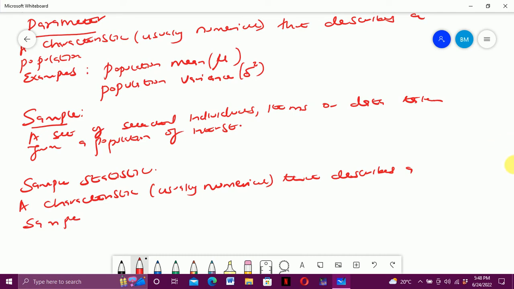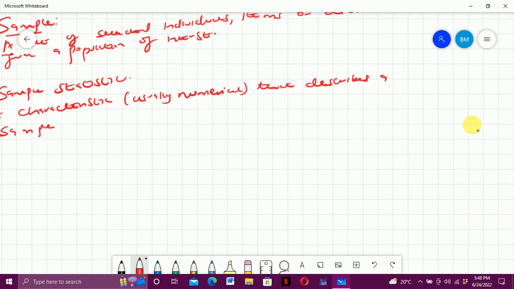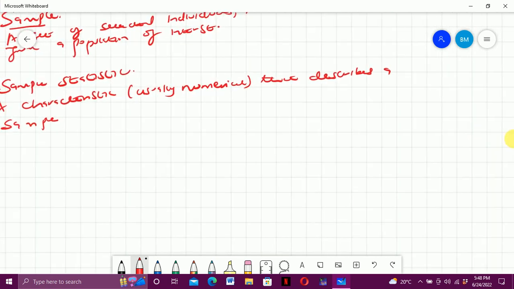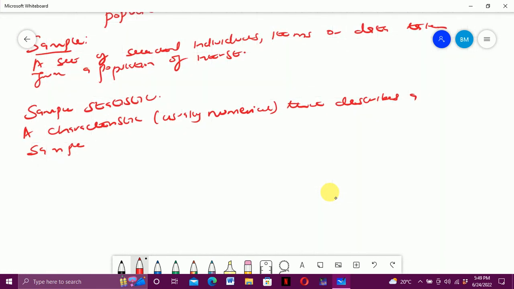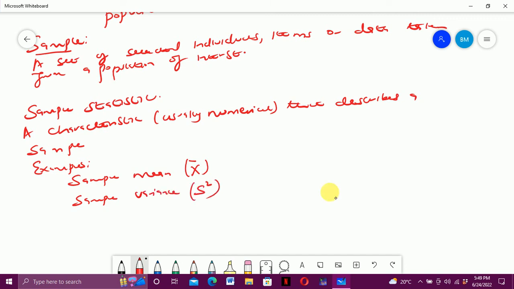Examples are the sample mean, usually denoted X bar, and the sample variance, usually denoted as S squared.